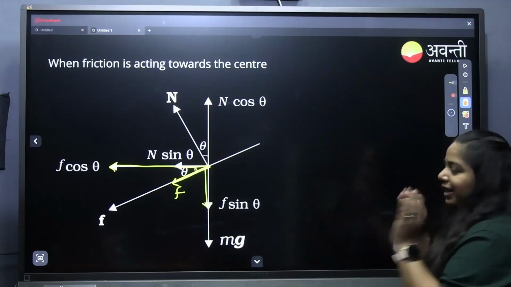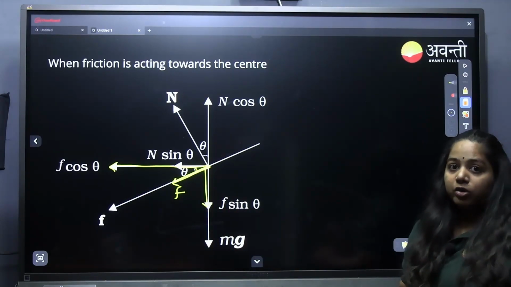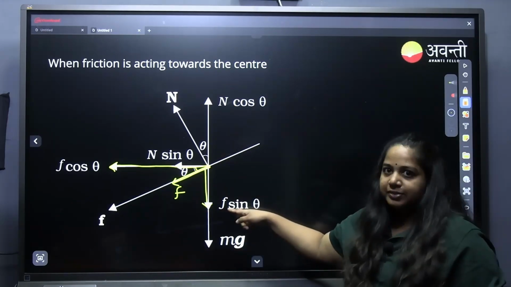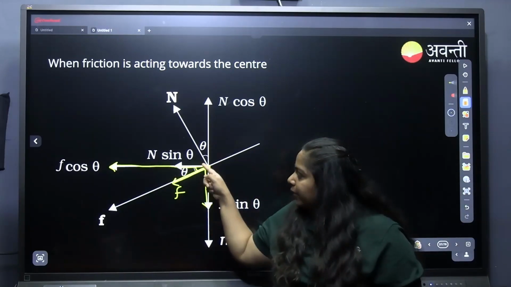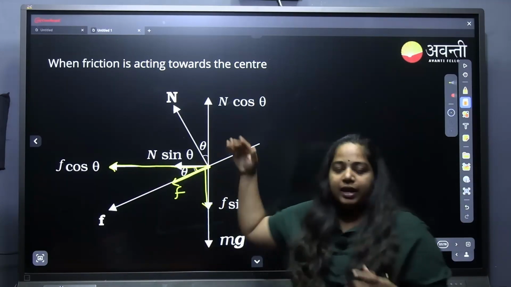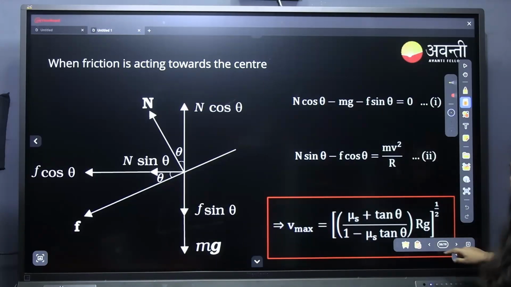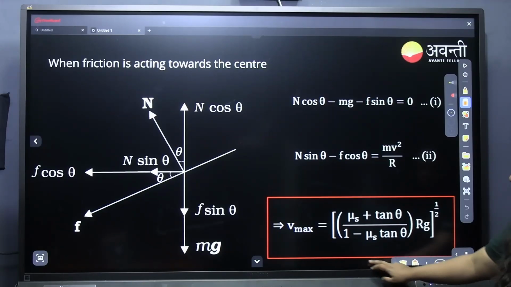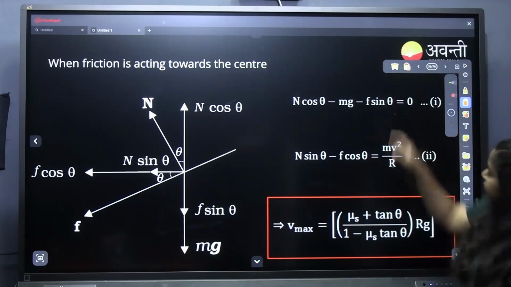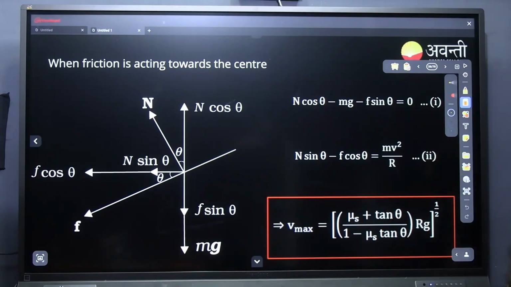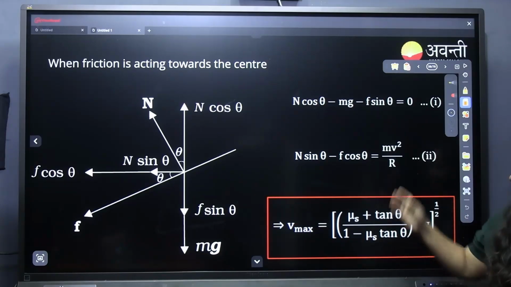The derivation is a little lengthy, so I am not going to do it. We equate n cos theta equal to mg plus f sin theta, and centripetal force equal to n sin theta plus f cos theta, and equate them to find the final result. So you will get the maximum velocity that you can use. These are the equations from the diagram. We have to use this formula.